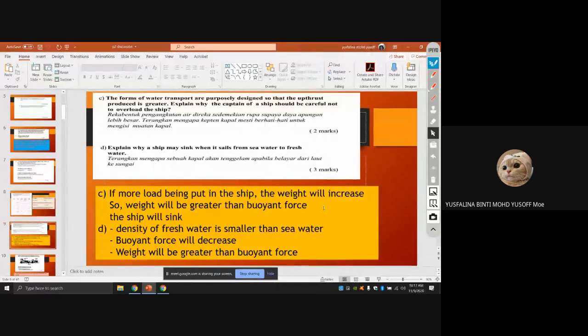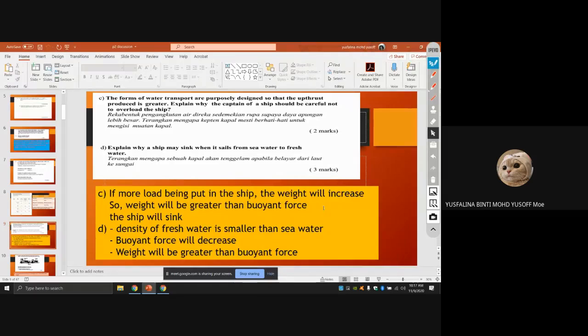But if the buoyant force is equal to the weight, it will be floating, stationary, above the water. If the weight is bigger than the buoyant force, the object will sink. So if more load is put in the ship, of course the weight will increase.